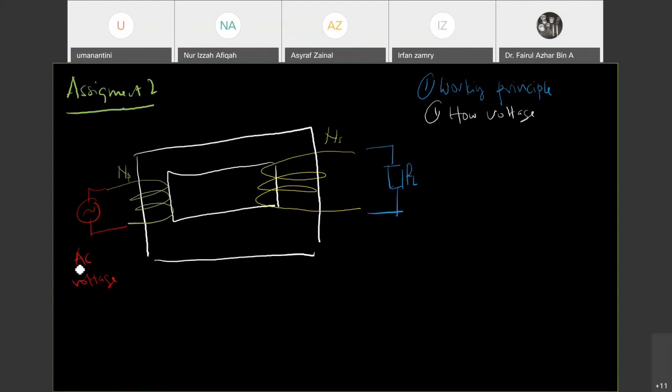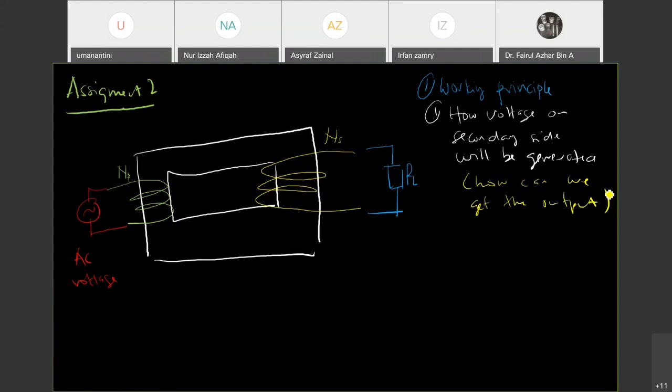If we inject some value of voltage at the primary side, how can we change this particular voltage level to another level? By using a transformer. So how can we generate the voltage on the secondary side? In other words, it can be generalized as how can we get the output.